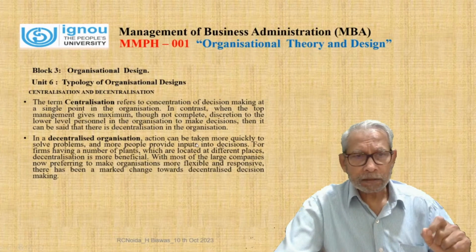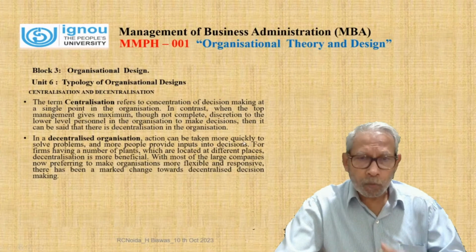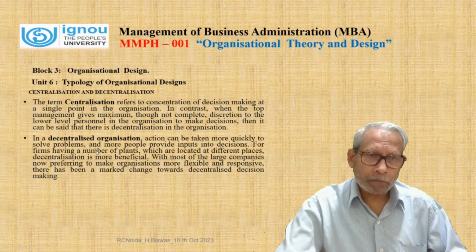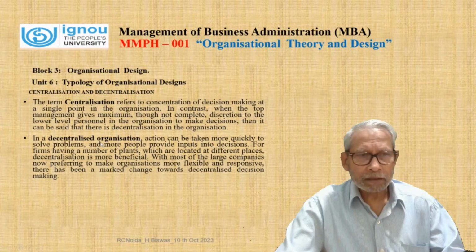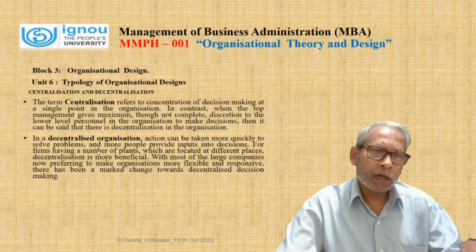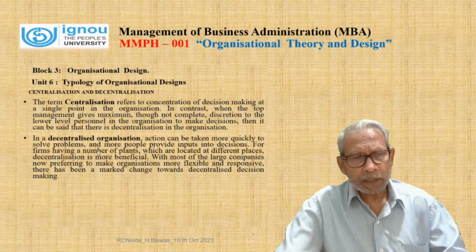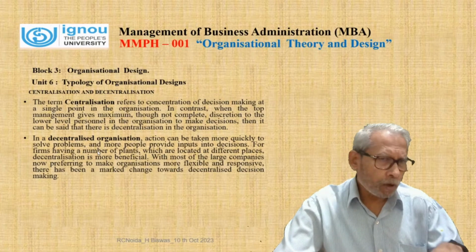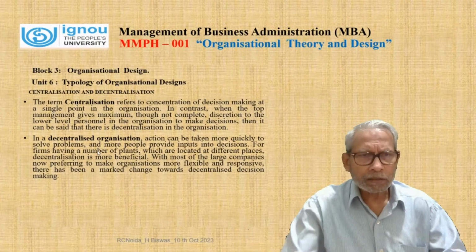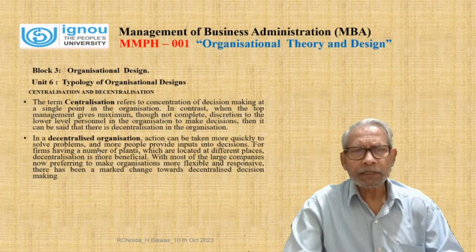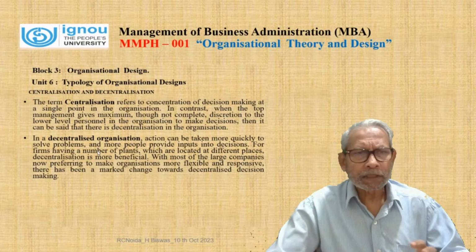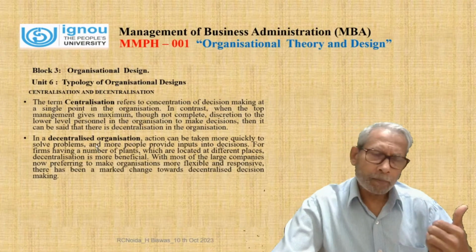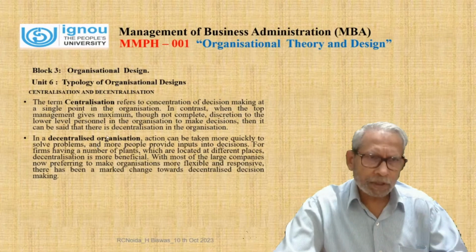In decentralized organizations, action can be taken more quickly to solve a problem because you are authorized. Suppose, for example, there is your CEO and there are maybe three managing directors. All three managers are equally distributed their responsibilities and tasks. They are taking their individual decisions without taking the help of the CEO.